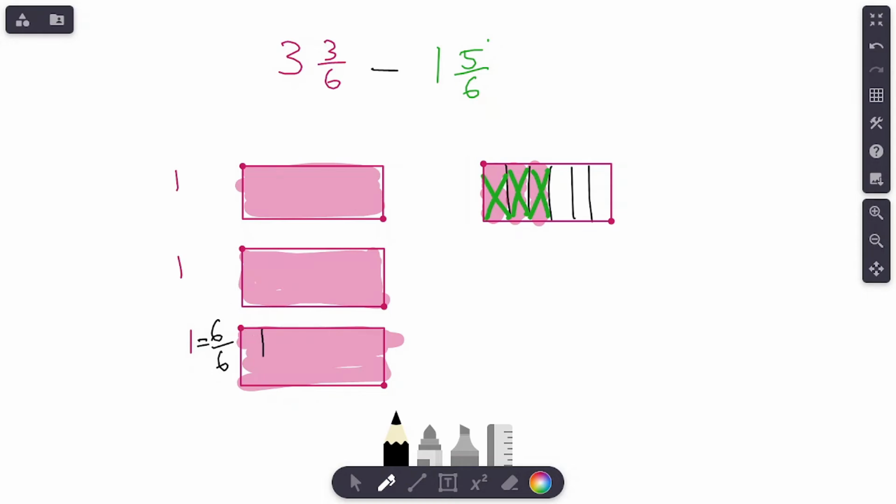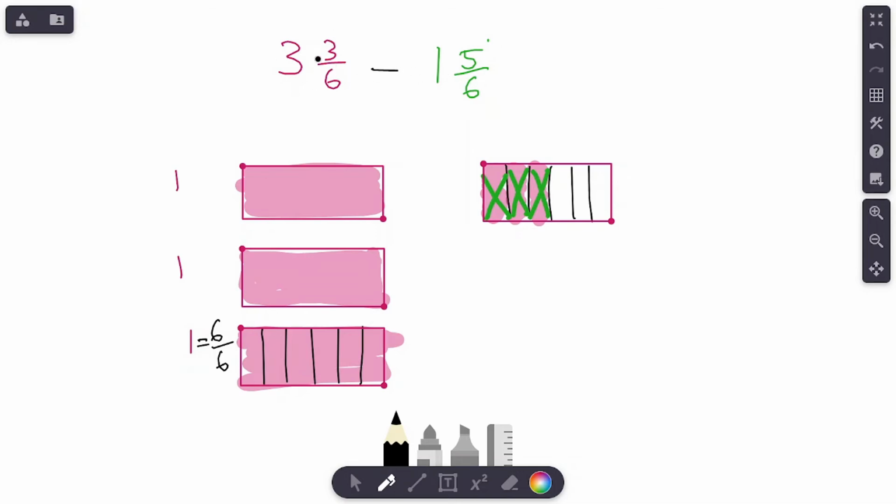Okay, so let's make this 6 equal size sections. Double check me here. 1, 2, 3, 4, 5, 6. Remember, 1 whole is equal to 6/6. Where did I get 6/6 from? Well, both denominators for both fractions are 6.